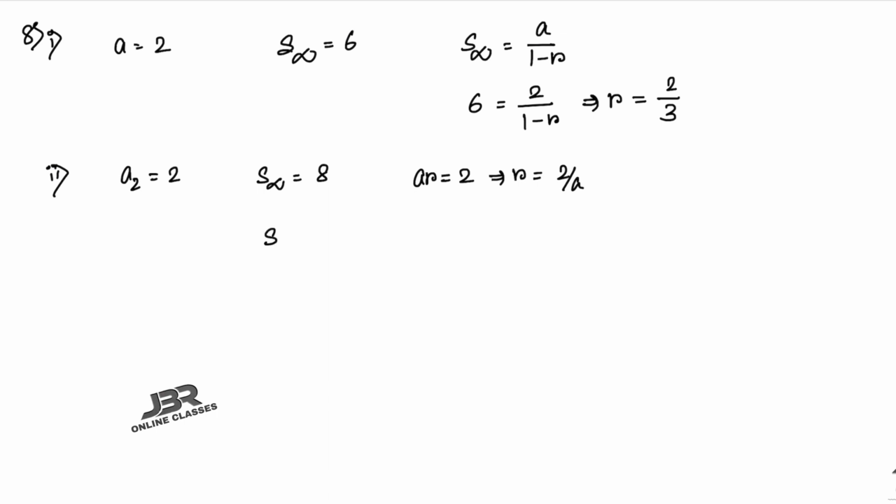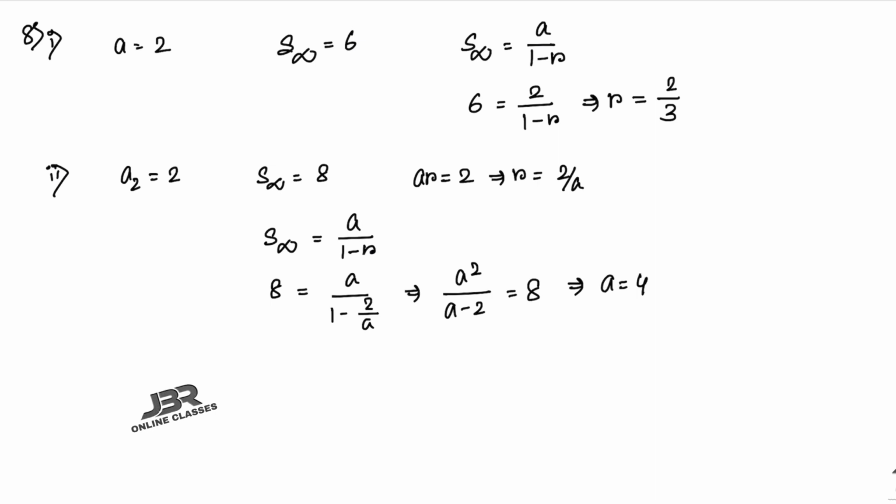Okay, as here S infinity equal to a by 1 minus r, S infinity here 8, a equal to here a, and r equal to here 2 by a. So from this equation you can write down here a square by a minus 2, that one equal to 8, and then just make the quadratic equation, and here you will find a equal to 4. So as a equal to 4, then r equal to 2 by 4, that means half.